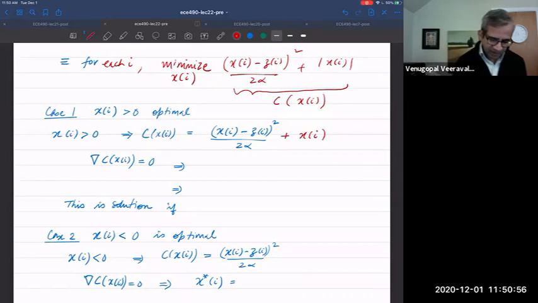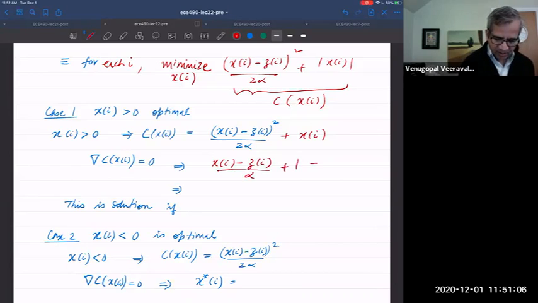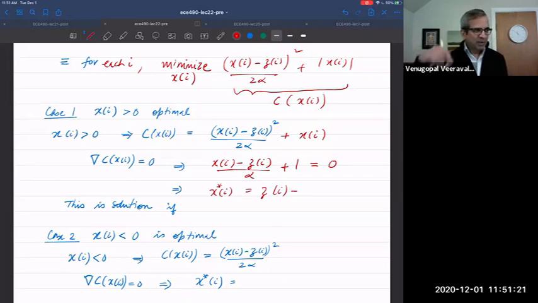But the derivative being 0 at xi just says that xi minus zi divided by alpha plus 1 is equal to 0, from which you get xi, let's call that xi star, not to be confused with the x star, which is the minimum for the function f.